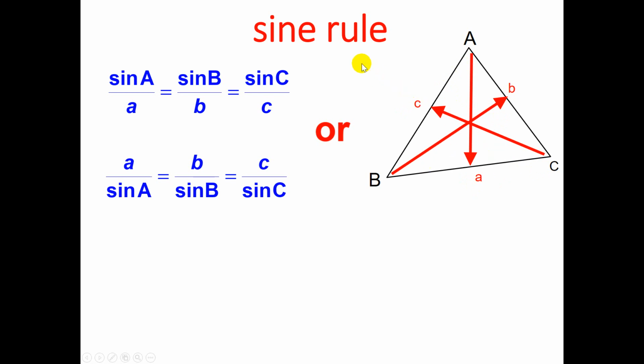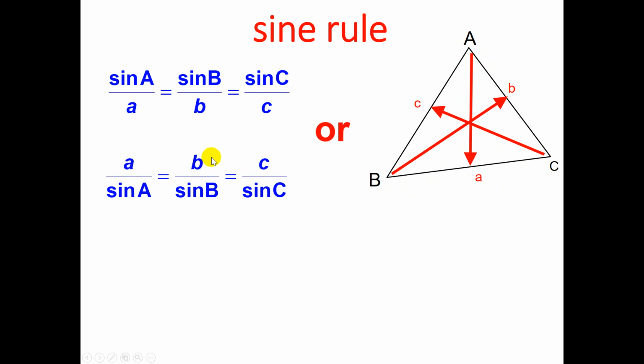So the sine rule states sine of angle A over a is equal to sine of angle B over b, which is equal to sine of angle C over c. Note that small letters a, b, c stand for the sides. So it works: sine of angle A over side BC is equal to sine of angle B over side AC.